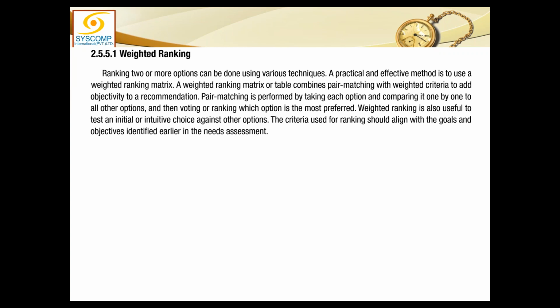Why are we doing it? So you just can't take another criteria for weighted ranking. The same goals and objectives must be depicted in this weighted ranking system. So all the factors I have talked about, you will pick up. Those factors should ensure that the goals and objectives are being taken care of.